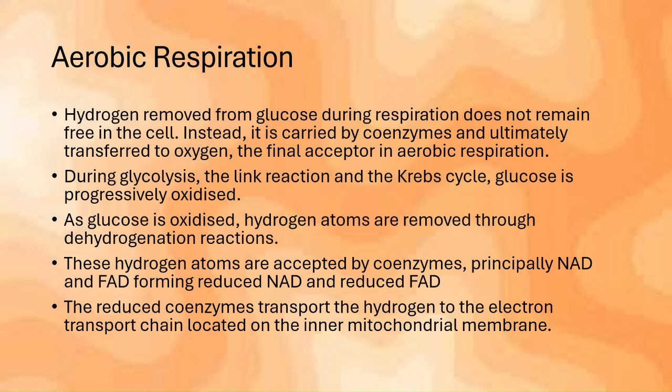These hydrogen atoms are accepted by coenzymes, principally NAD and FAD, therefore forming reduced NAD and reduced FAD. The reduced coenzymes transport the hydrogen to the electron transport chain located in the inner mitochondrial membrane. And once again, if you want more detailed videos, do check topic 5.